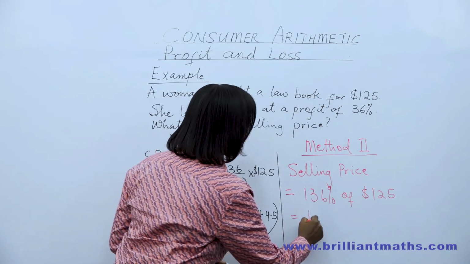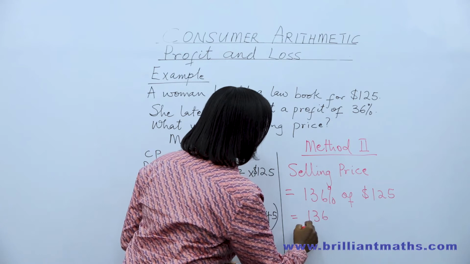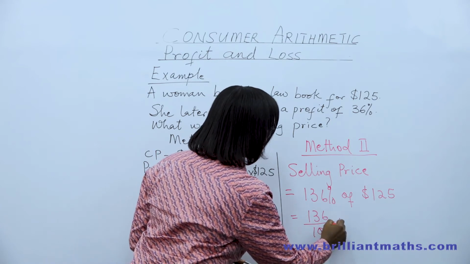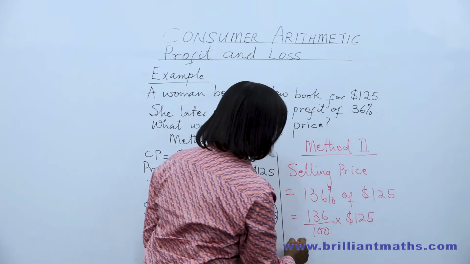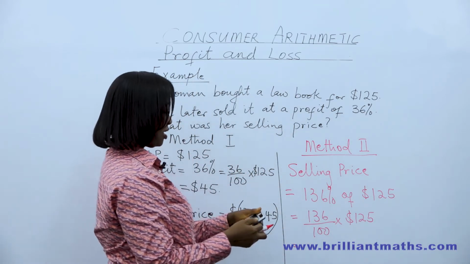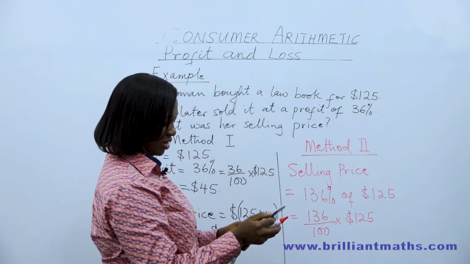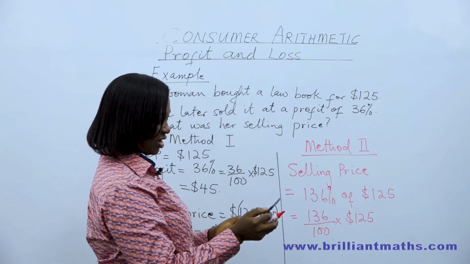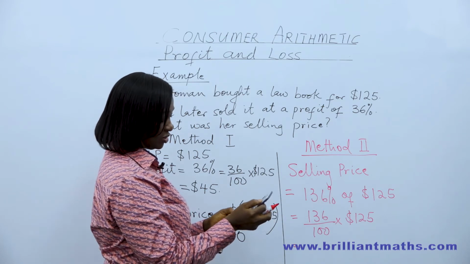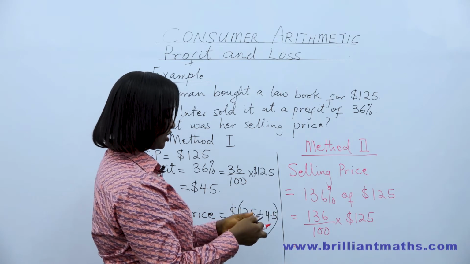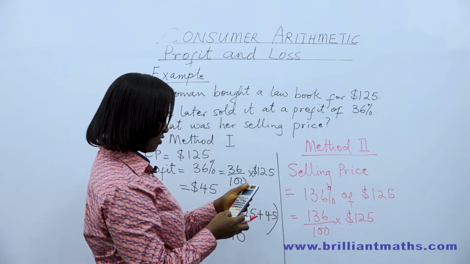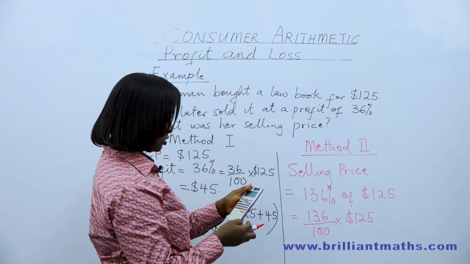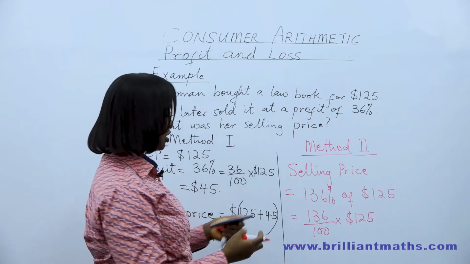So that gives me 136 over 100 times $125. So let's see, 136 divided by 100. So that will give us 1.36 times 125 equals $170.